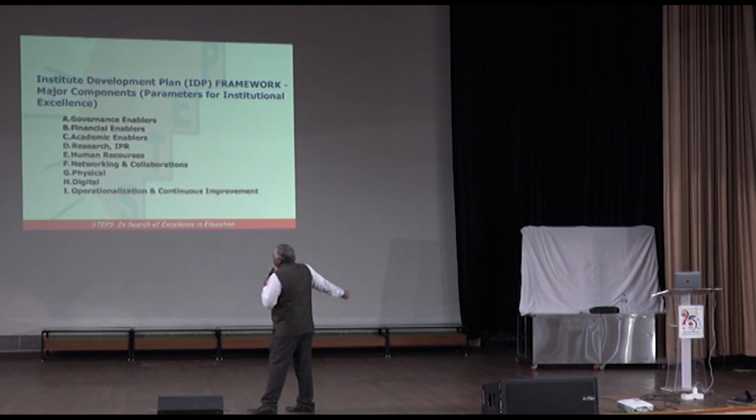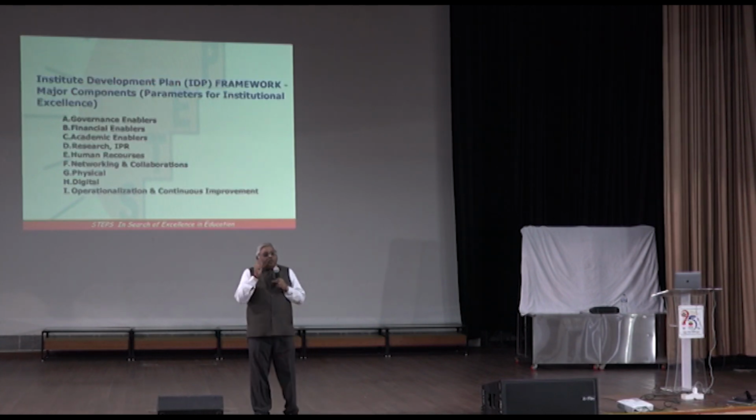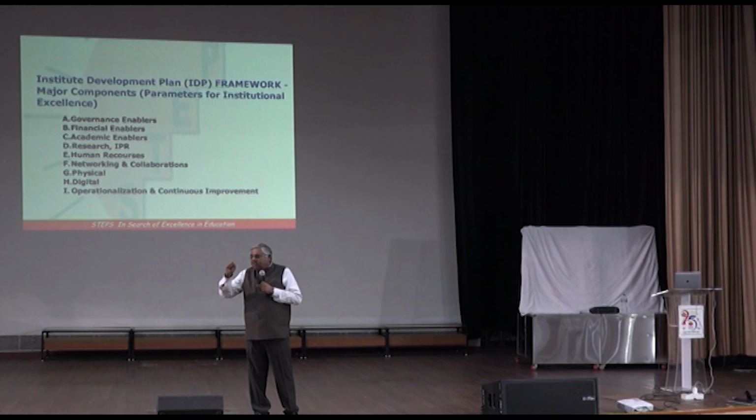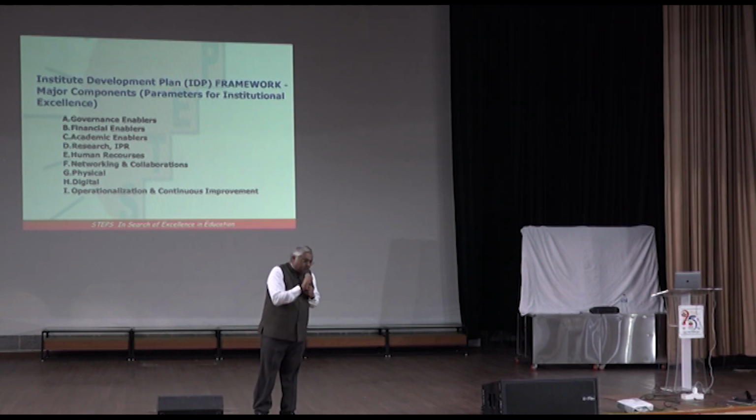Now, after this, I have taken one more thing. What is IDP? Institutional Development Plan, which is used, the word is used in NBA as strategy plan. Now UGC has given a new nomenclature of IDP.